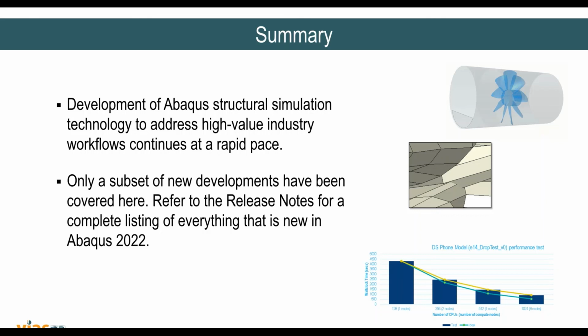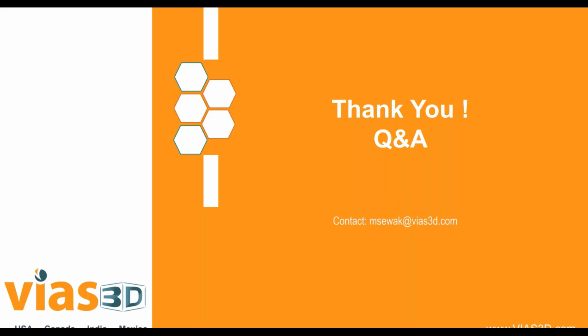The complete list of these enhancements you can access in the release notes of Abaqus 2022 documentation. So I will request you to go through it for the full list of enhancements in Abaqus 2022. So with this, I would like to conclude this webinar. I would like to take up any questions if you have. Thank you very much.